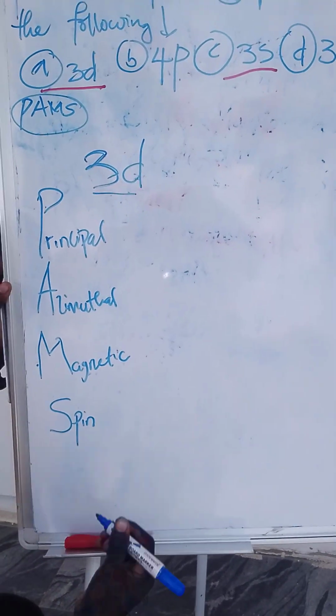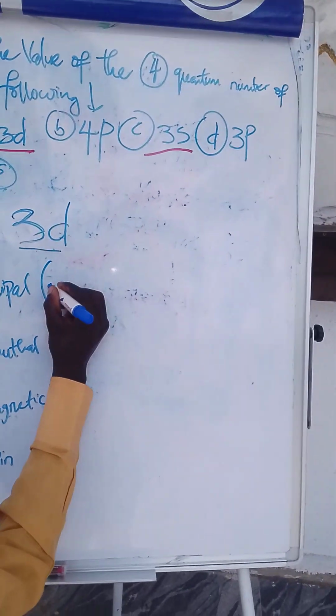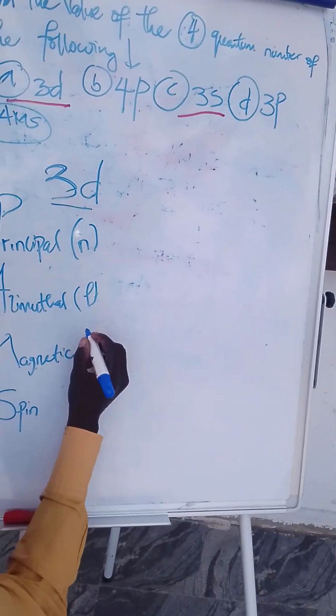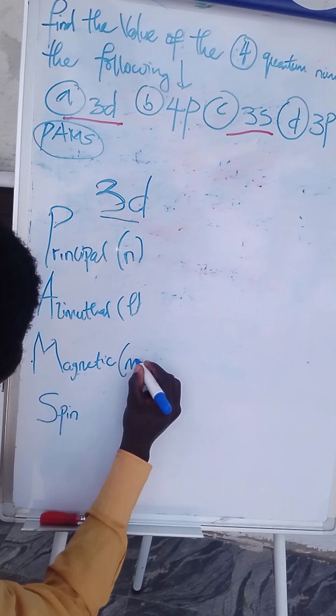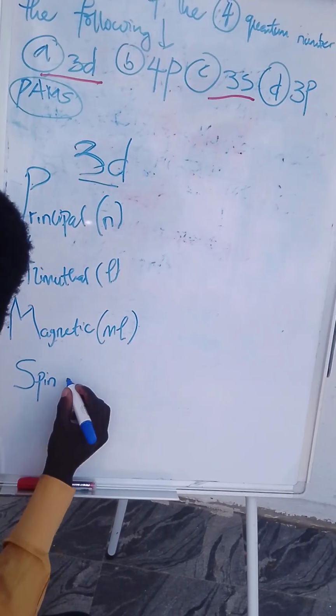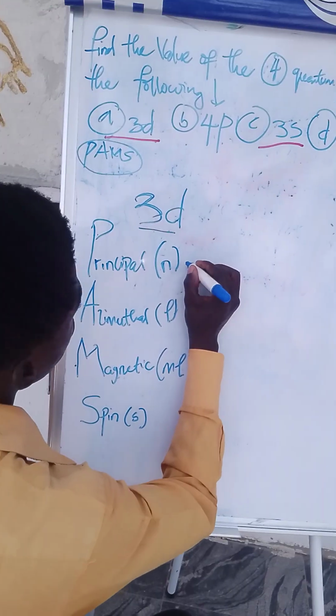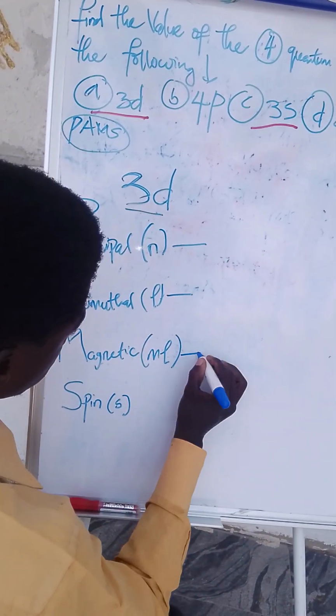Don't forget this is giving us our small n, our L, then our magnetic, our spin. Let's take it one after the other.